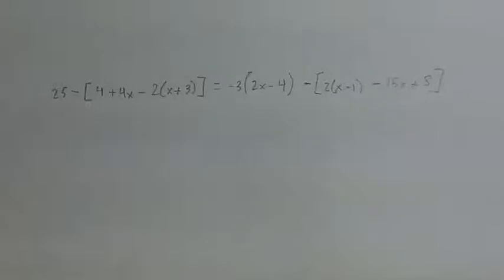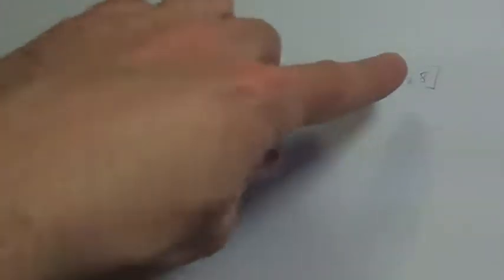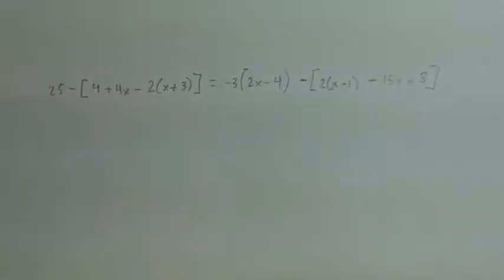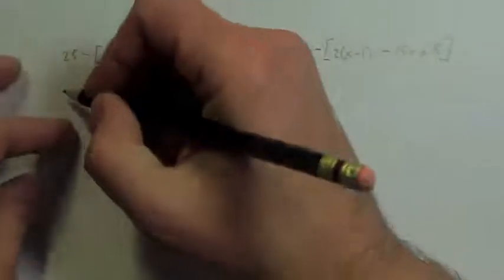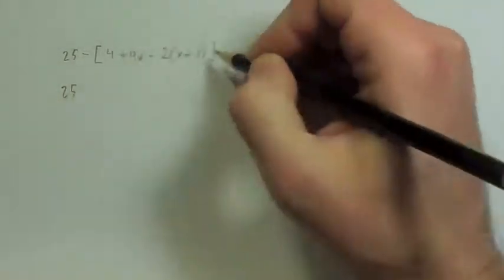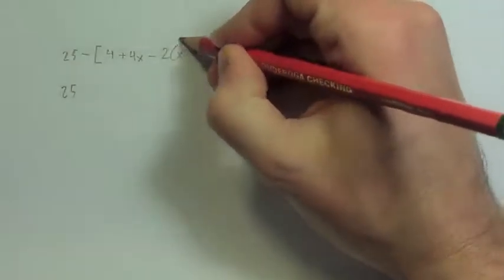Okay, so what that means is I'm going to work on the inside of these brackets here first and simplify that. All right. So before I start trying to distribute this negative sign or working in any of this stuff, I'm going to jump into this bigger, larger bracket and start simplifying that.